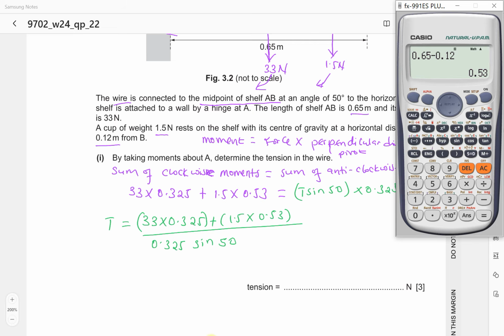So from my calculator, 33 times 0.325 plus 1.5 times 0.53.